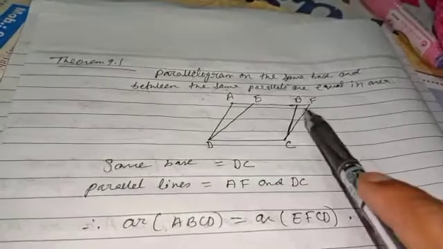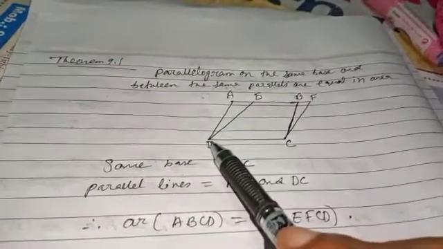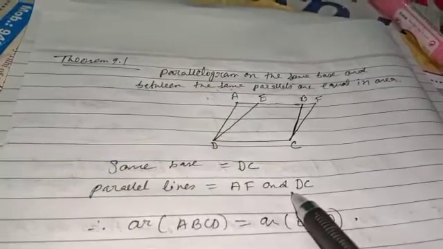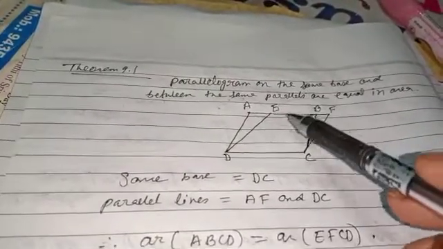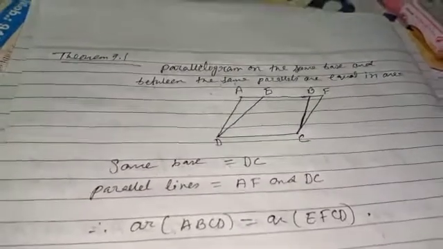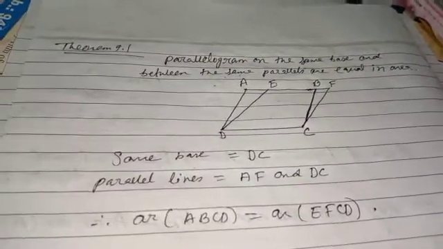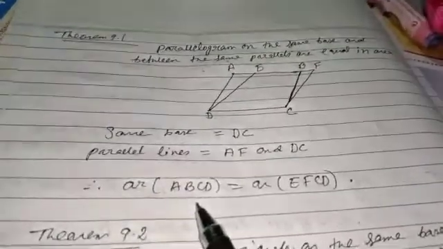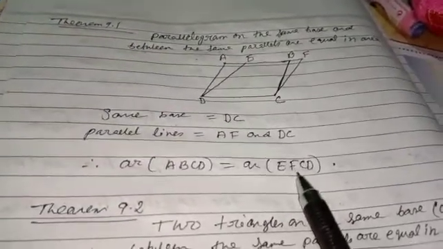They are two parallelograms and they have the same base DC and the same parallel lines AB and DC. According to this theorem, if you find two parallelograms like this on the same base and between the same parallel lines, then you can say their areas are equal. It means area of ABCD is equal to area of EFCD.